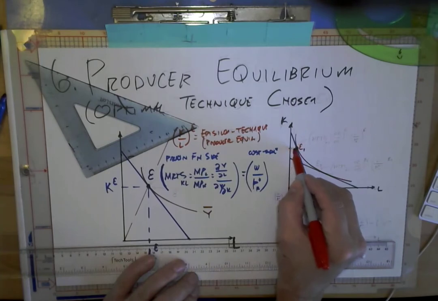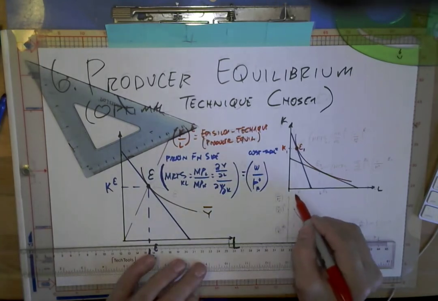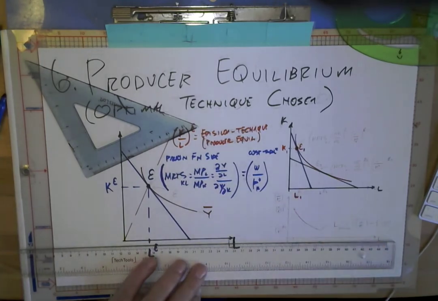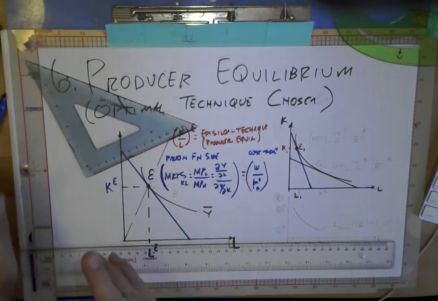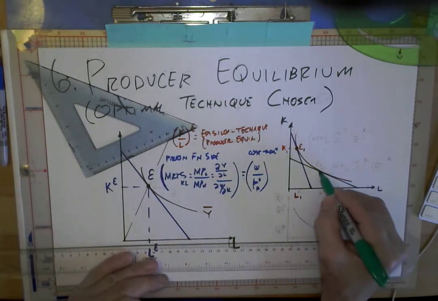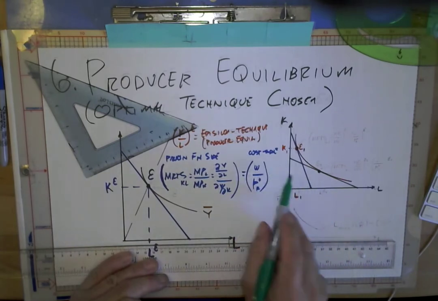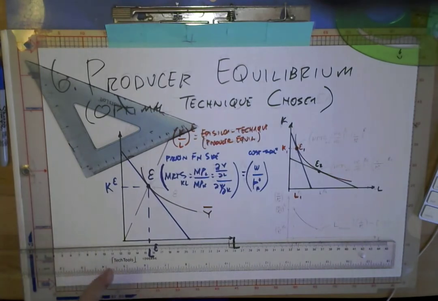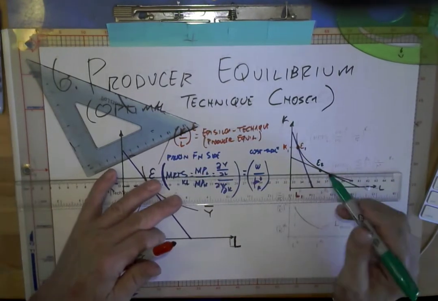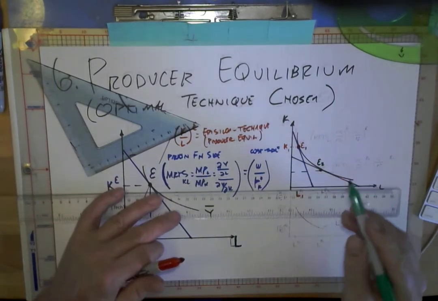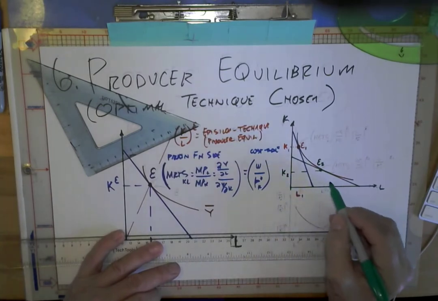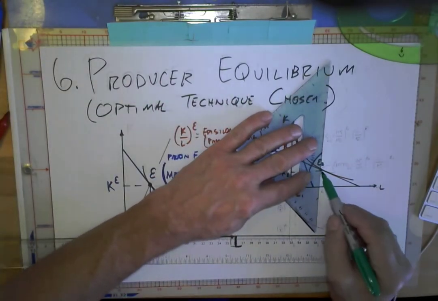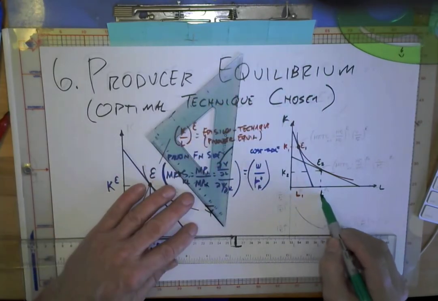This is the labor intensive technique for equilibrium epsilon 1, as the wage goes down. This represents the equilibrium quantity of capital and labor, the equilibrium technique at the lower wage, and this becomes the equilibrium quantity of capital and this the equilibrium quantity of labor at the lower wage.